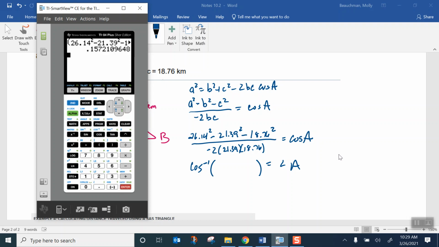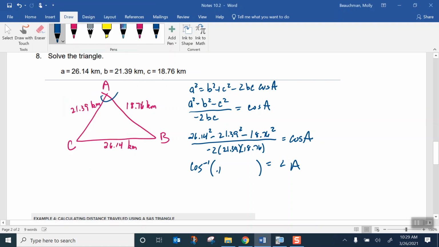And we end up with 0.1572109, etc. So we're trying to find the inverse cosine of that, 0.1572.